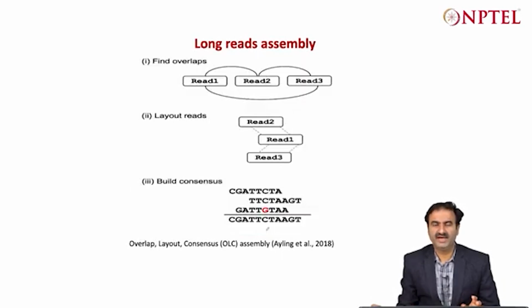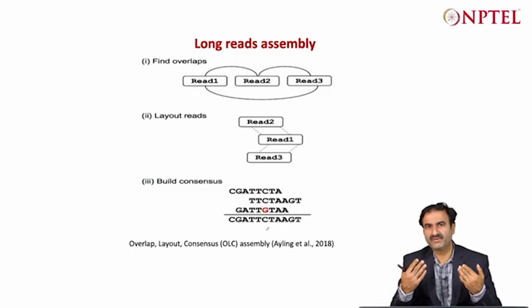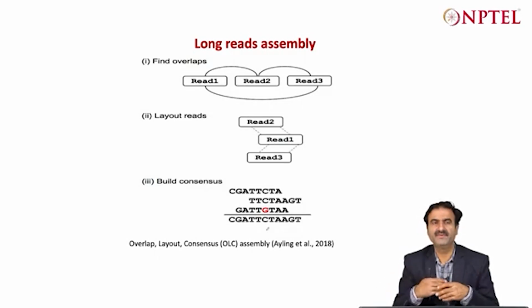And for the long reads we basically rely upon the overlap layout and consensus approach. In this one the k-mer approach may not work because we don't want to break the reads into smaller pieces, because long pieces are already there, right?